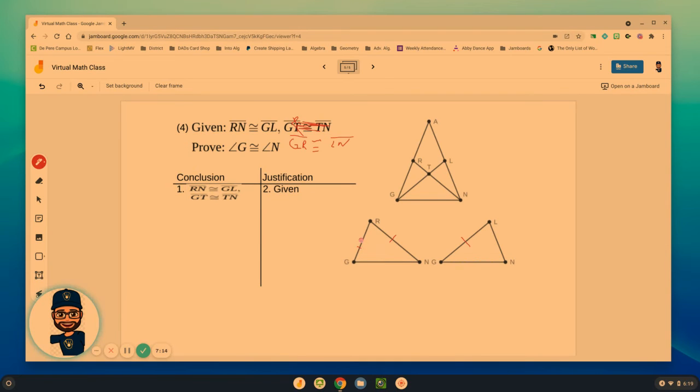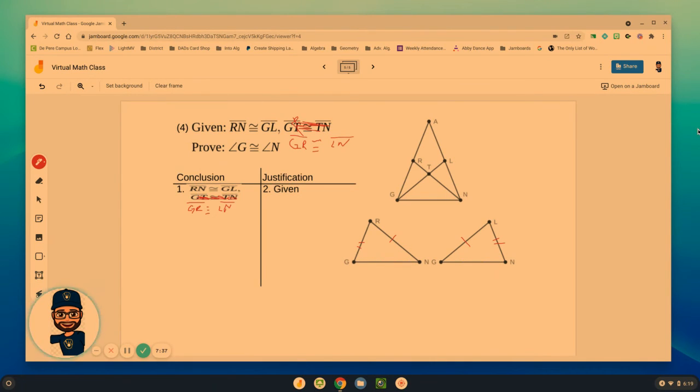This side should be congruent to this side. So that would be part of our given. GR is congruent to LN. Sorry about that. See, we all make mistakes. Now we just move on.